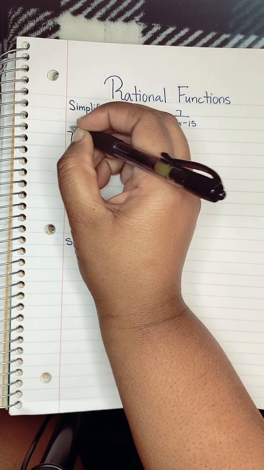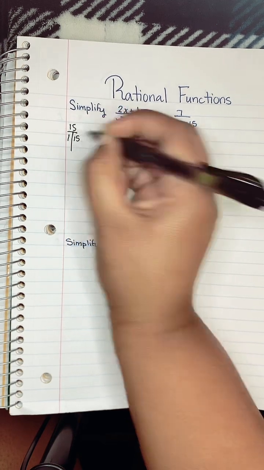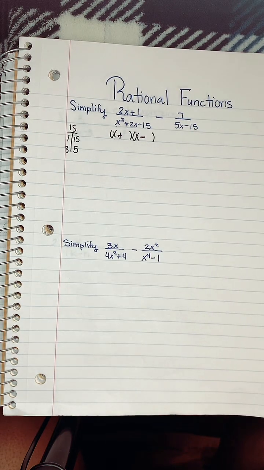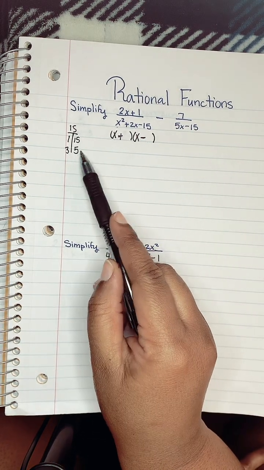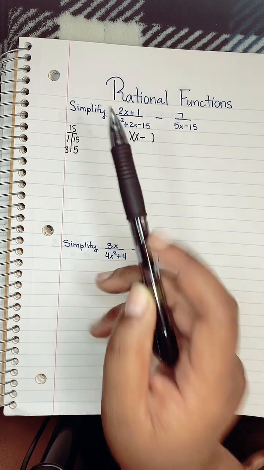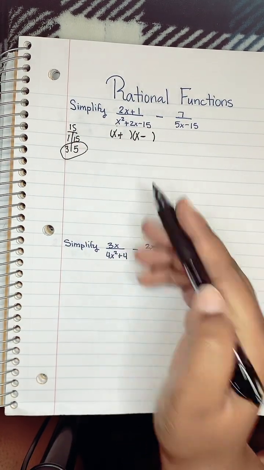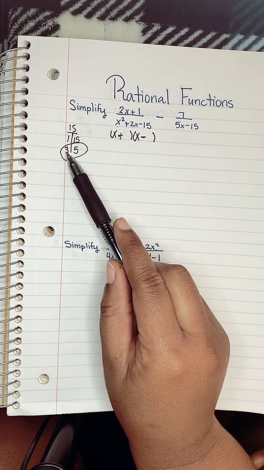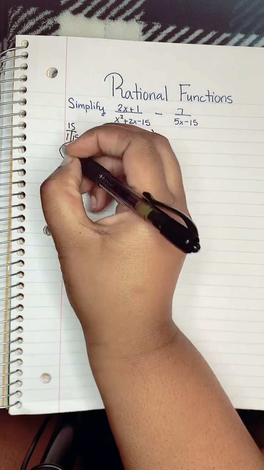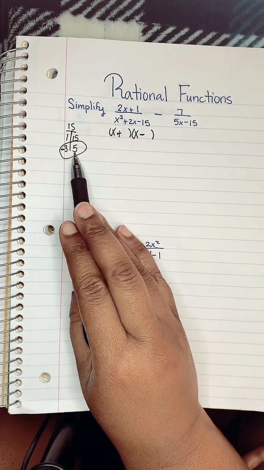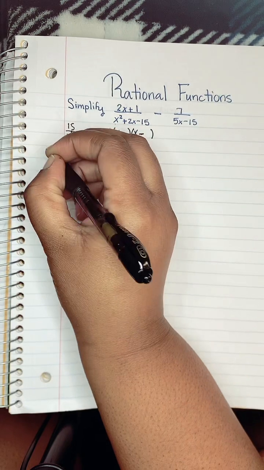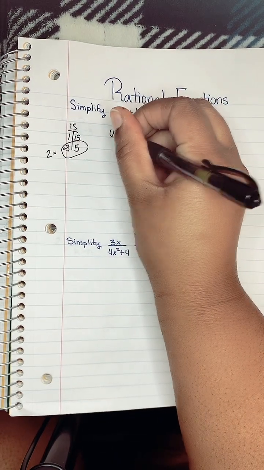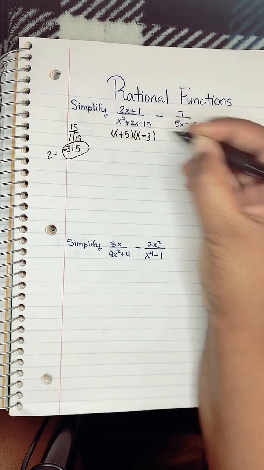Well, we would have 1 and 15 and 3 and 5, okay? Now we ask ourselves, which pair can add us to 2? Well, only 3 and 5 can add us to 2. But we need one to be a positive and one to be a negative. So our smaller number is going to have to be the negative, because if we do 5 minus 3, that's going to equal a positive 2, which we need in the middle. So the 5 is positive, the 3 is the negative.